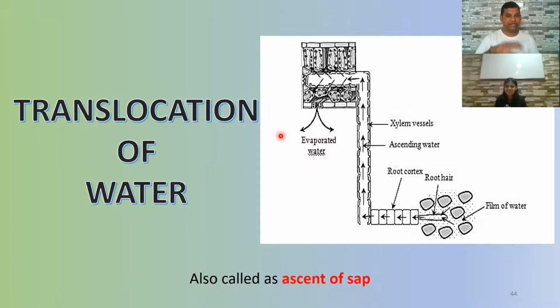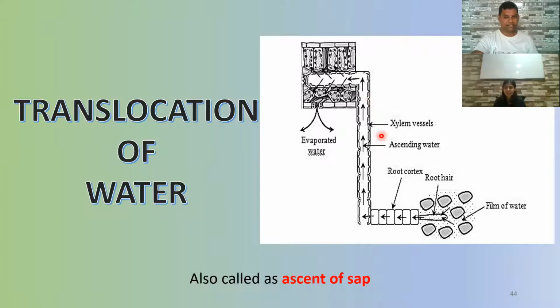So for now, we are discussing this aspect of plant-water relation, where the water with the dissolved minerals, which is also called the sap, how it is ascending. Ascending means climbing. Sap means water with the dissolved minerals, which is taken up by the root hair. That is what is translocating through the xylem tissue.